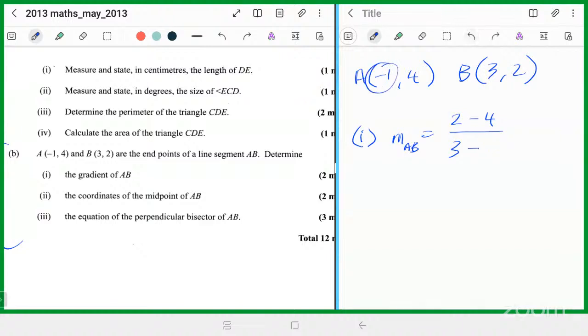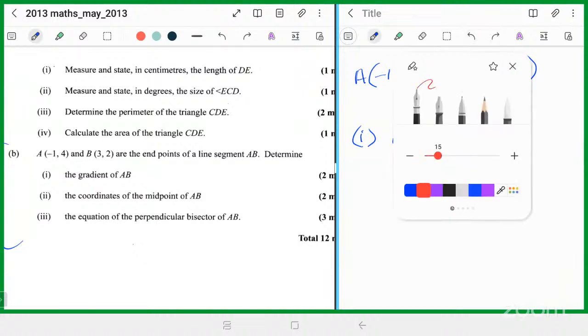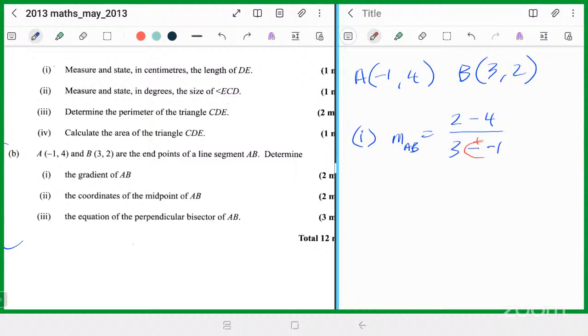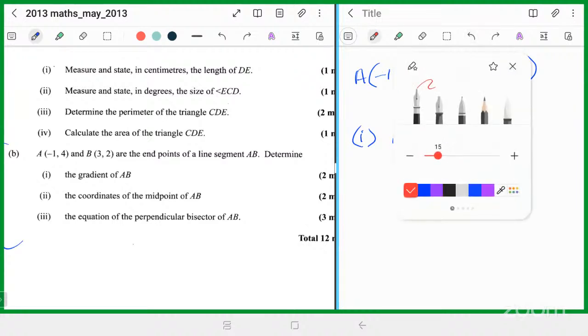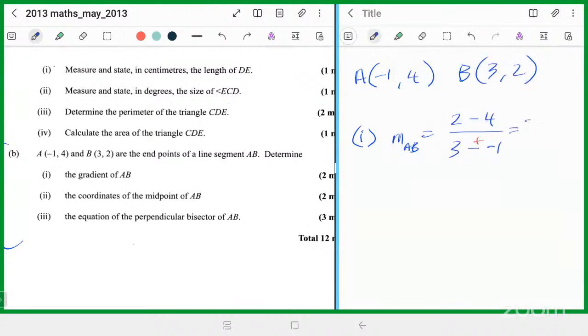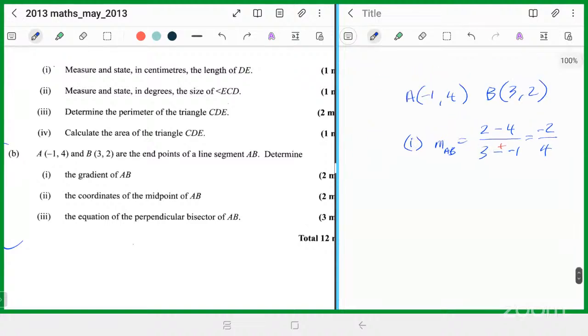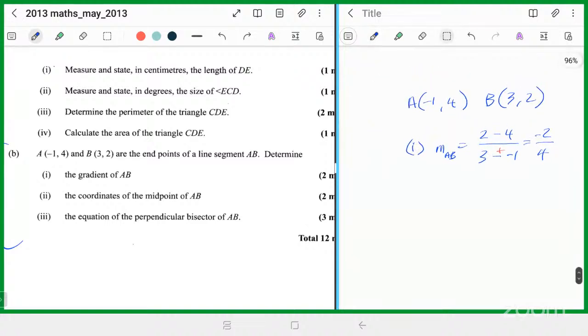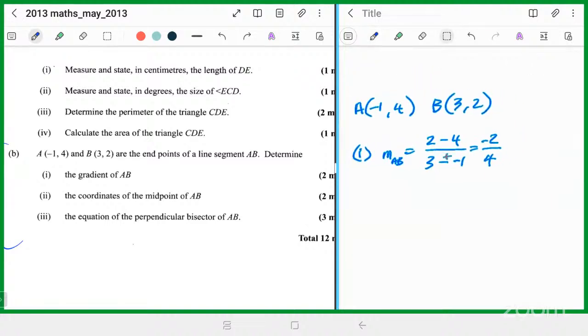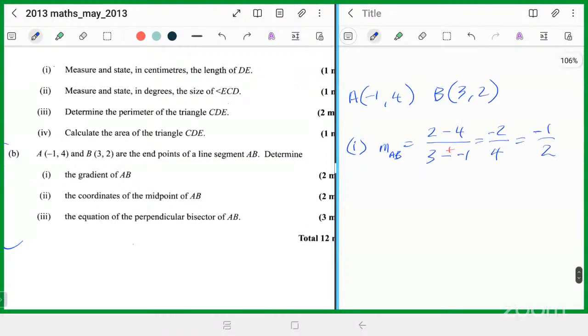Minus a negative becomes a plus. So this works out to negative 2 divided by 3 plus 1, which is 4. The final result reduces to negative half. The gradient of AB is negative half.